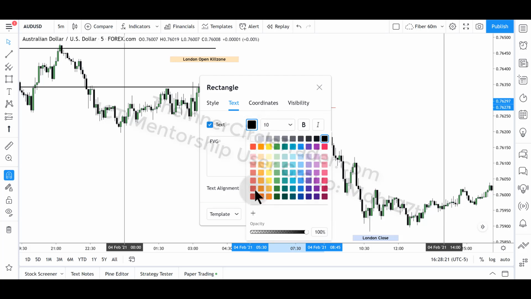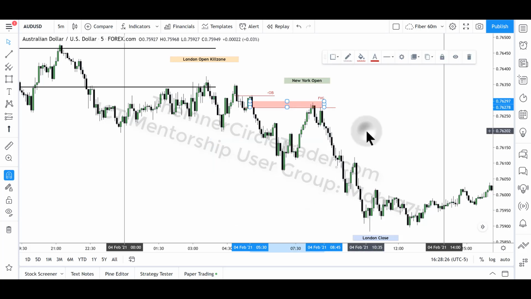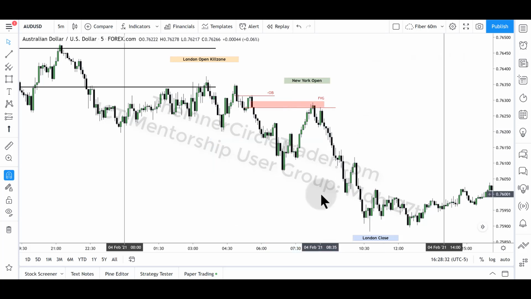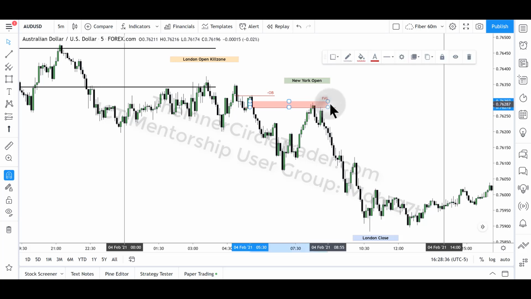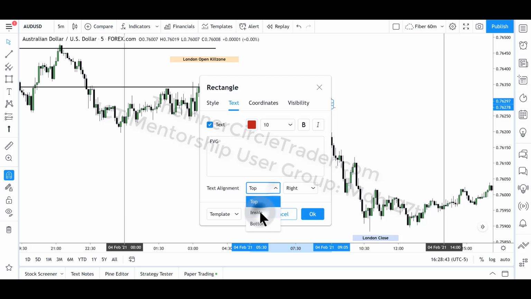And I like to keep the fonts at 10 unless it's inside the kill zone, and it's 12. Okay, and sometimes I'll elect to use the rectangle tool and show the fair value gap label inside the rectangle. And when I do that, all I'm doing is setting the text alignment to inside and center.